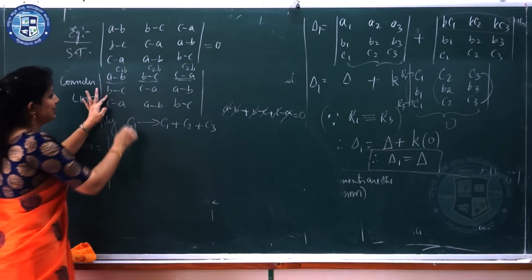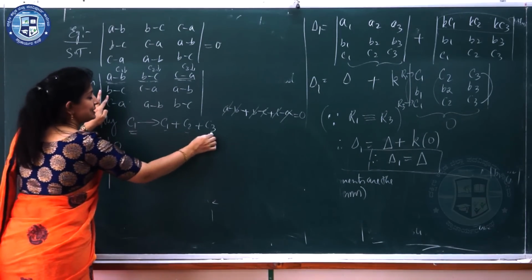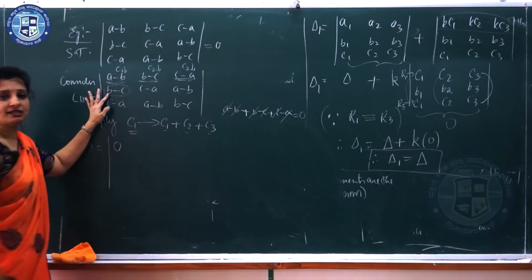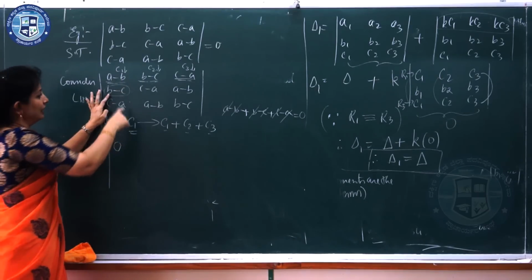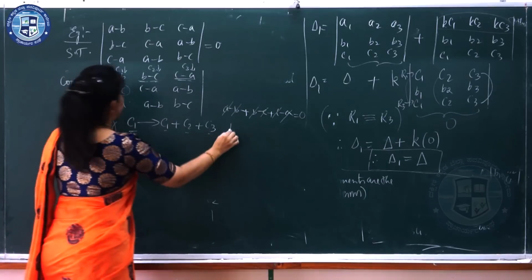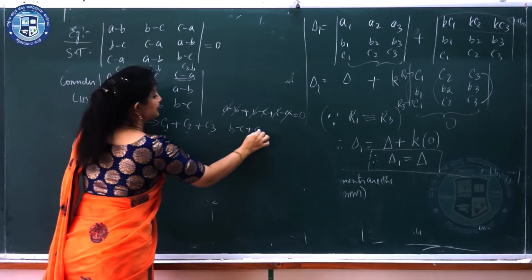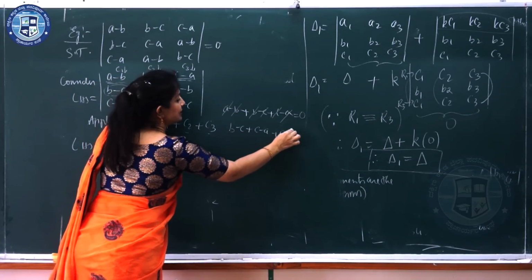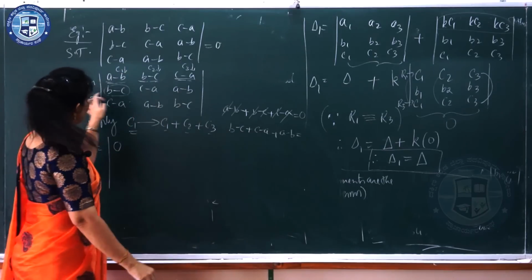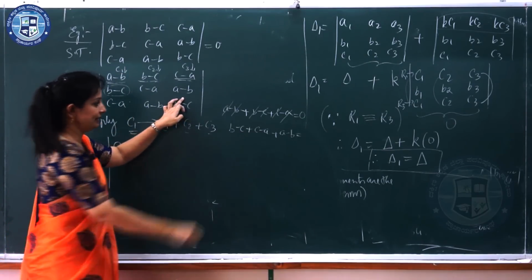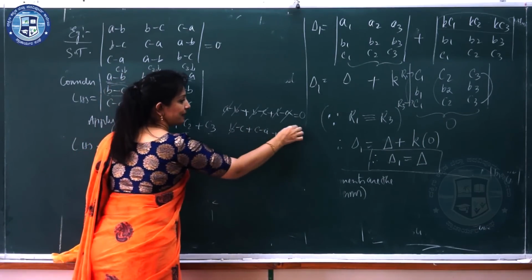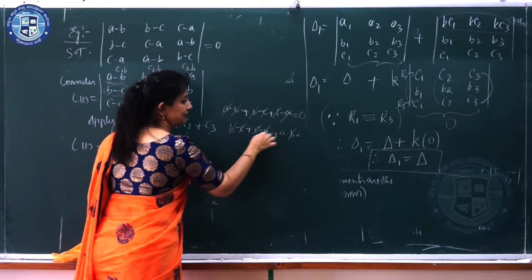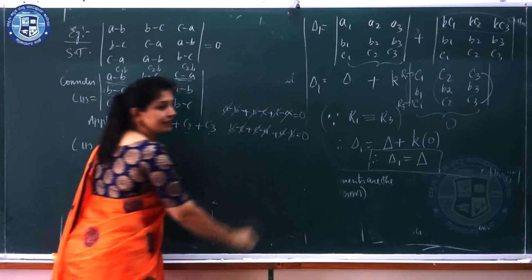Try to understand this. Now C1 plus C2 plus C3 for the second element of column 1: B minus C plus C minus A plus A minus B. Here we have plus B minus B, plus C minus C, plus A minus A, and it turns to 0.